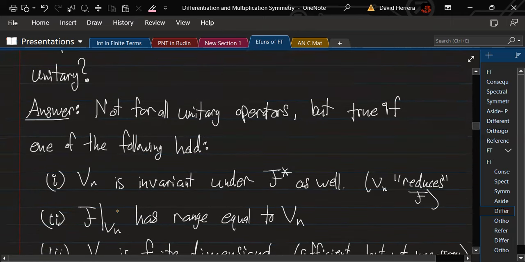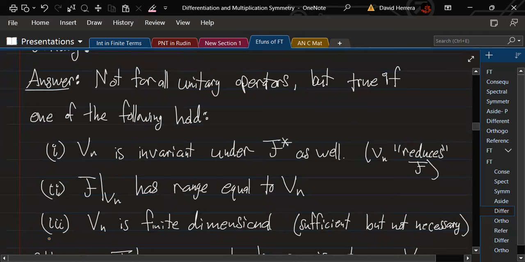So I have just some conditions here that are enough. For instance, if you know that Vn is invariant under f star as well, so not just f of Vn but f star of Vn belongs to Vn, then that would be enough to know that f is unitary on it. The reason why that's true is we know that f star f is the identity, and f f star is the identity.